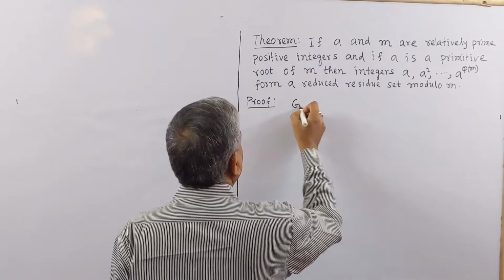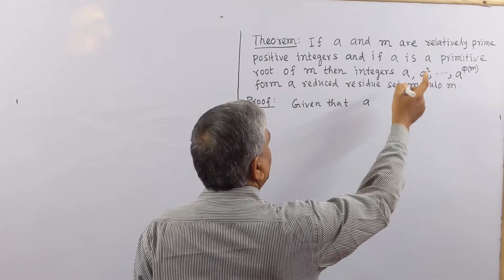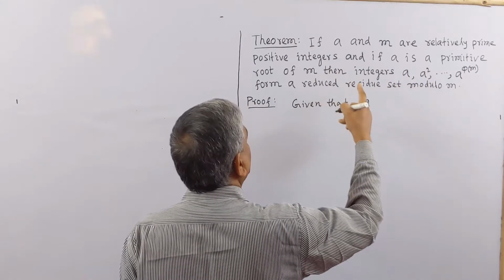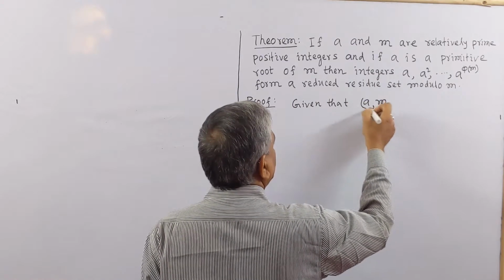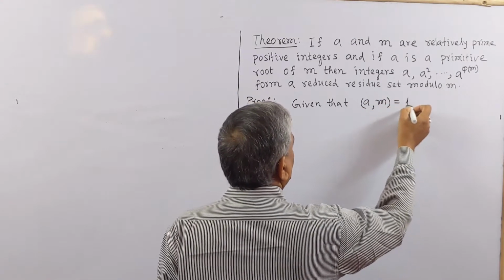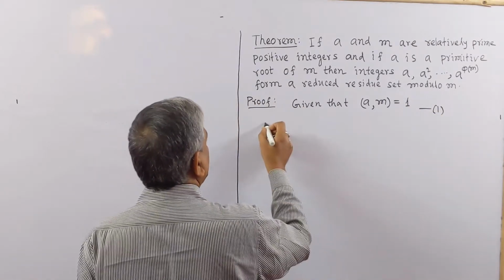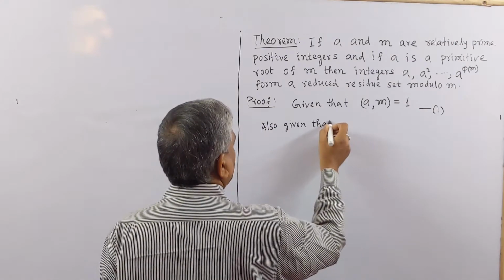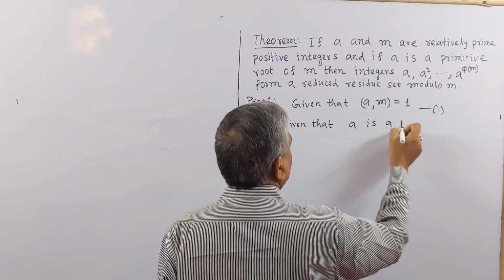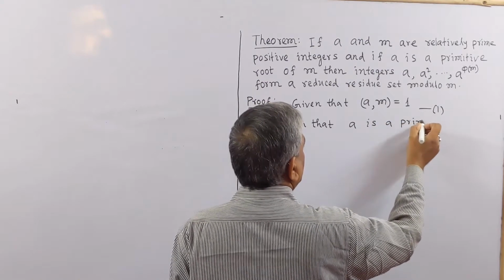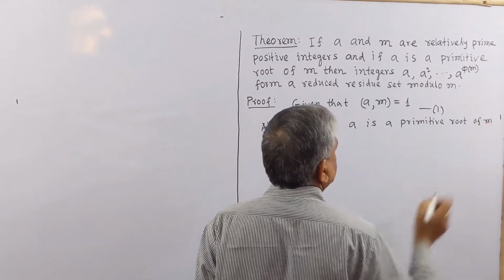Given that a and m are relatively prime positive integers, that is GCD of a and m equal to 1. This is number 1. Also given that a is a primitive root of m.